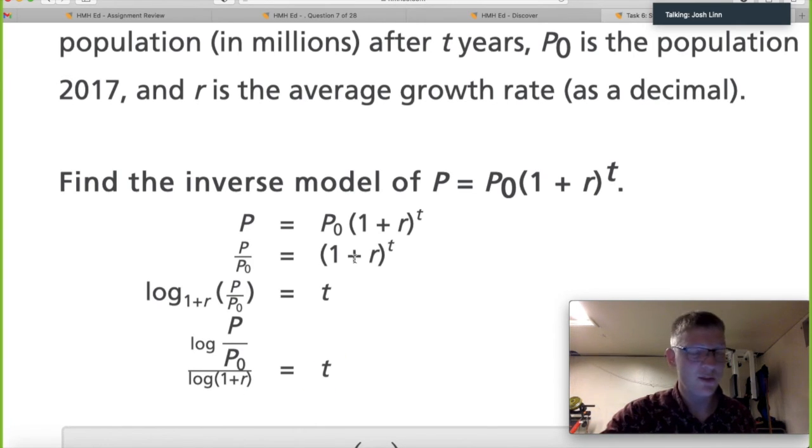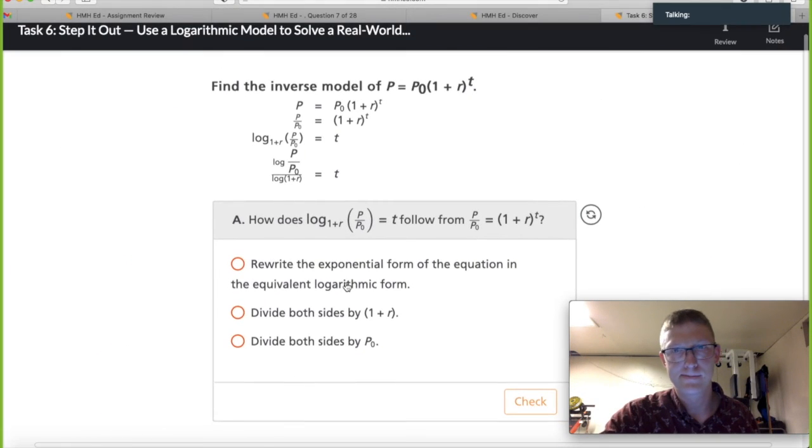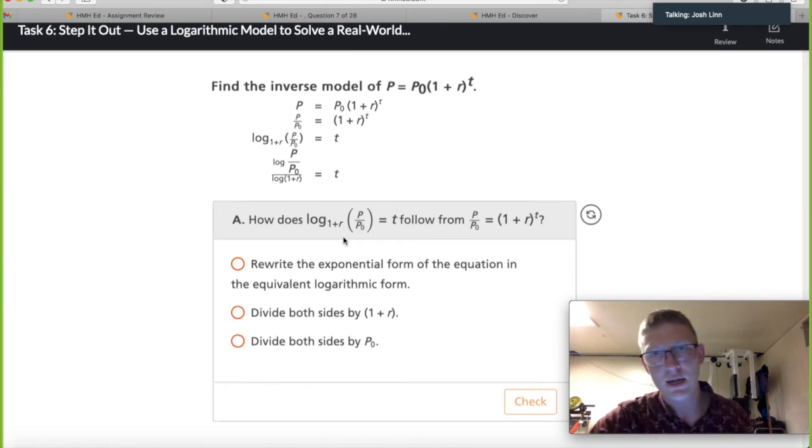So a little bit of algebra. Good times. So how does log base 1 plus r equal t follow from p over p naught equals 1 plus r to the t?